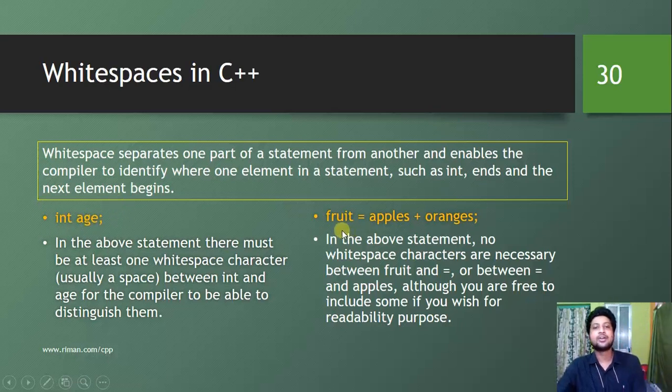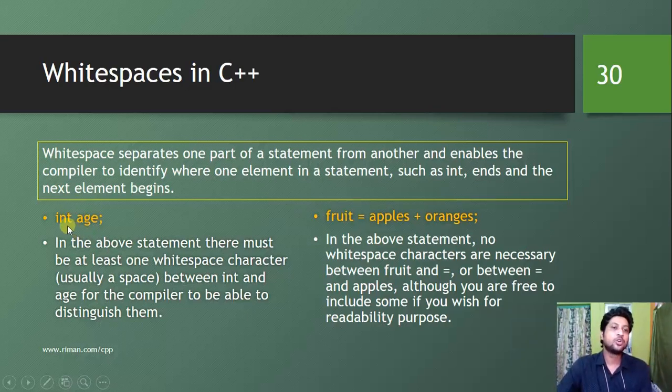Whereas in this statement, fruit = apples + oranges, there is no need to put spaces in between, though we have put them to increase the readability of the program. They are not required actually, but you can give as many spaces as you want, and multiple spaces will be ignored and considered as a single space.